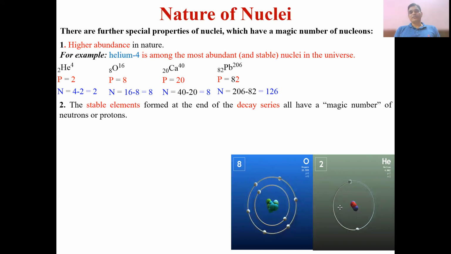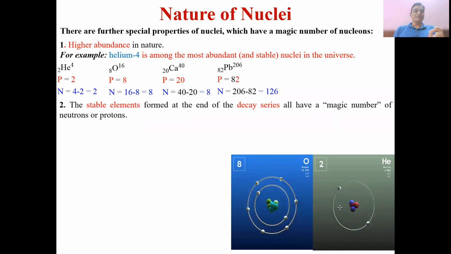In the nuclear chemistry chapter, we have already discussed that we have 4 decay series: the 4n series, 4n plus 1 series, 4n plus 2 series, and 4n plus 3 series. The series are named on the basis that if we divide the mass number of the product formed by 4, the remainder comes out to be 0, 1, 2, or 3.